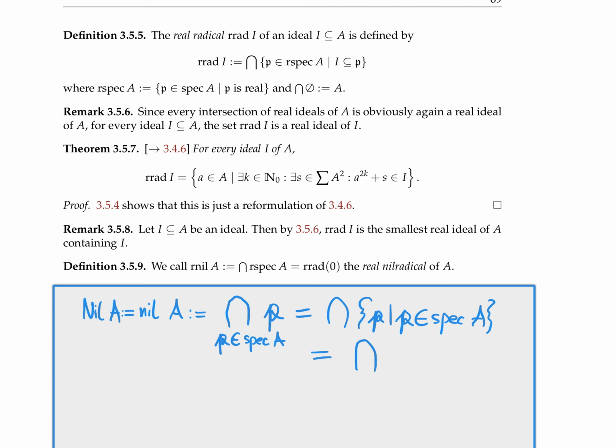And here I intersect over all real prime ideals instead of all prime ideals. The empty intersection is again to be understood as the whole ring A. So that's certainly, you know, that contains the usual nil radical. The real nil radical contains the usual nil radical, and it's also the real radical of the zero ideal, like the usual nil radical is the radical of the zero ideal.